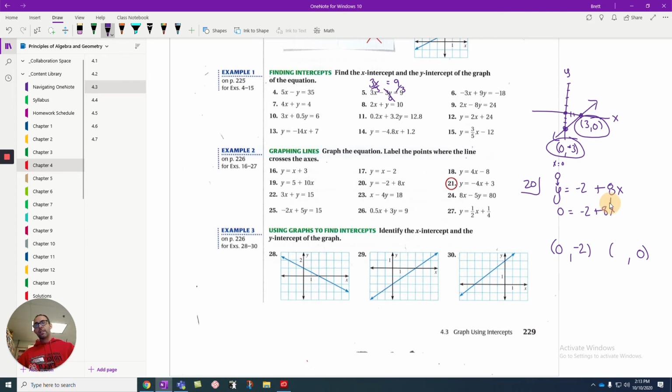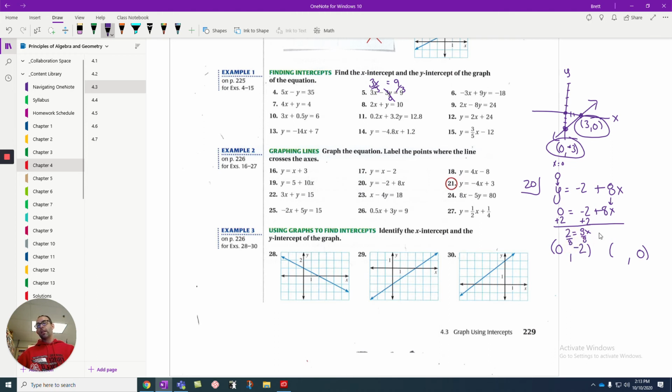I want to get this x alone. To do that, I need to remove both the negative 2 and the 8. To do that, I'm going to start by removing the 2 by reversing its operation. Instead of a minus 2, I'm going to add 2. That creates 2 equals 8x. And last but not least, to get rid of this 8, I would divide by 8 and divide by 8.